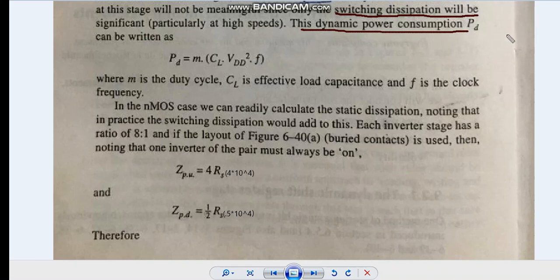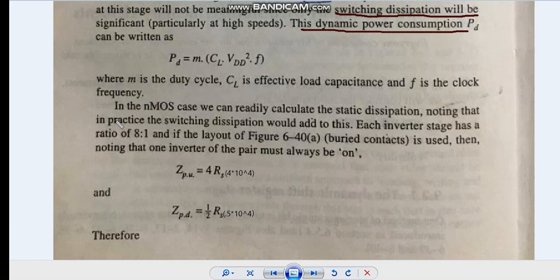The dynamic power consumption PD is given by M into CL VDD square into F, where M is the duty cycle, CL is the effective load capacitance, and F is the clock frequency. First we are looking into the NMOS. What we are exactly calculating is how much power it dissipates when we store a 1 bit of data here.